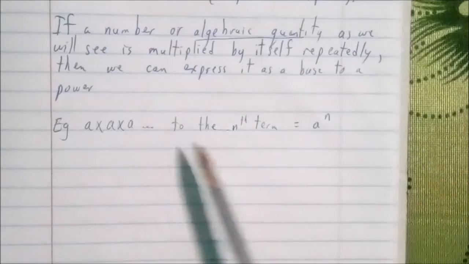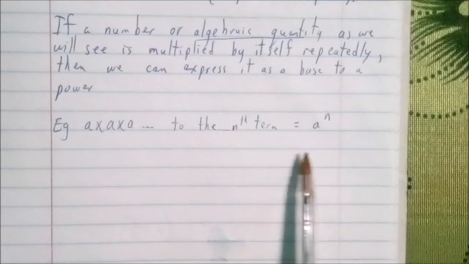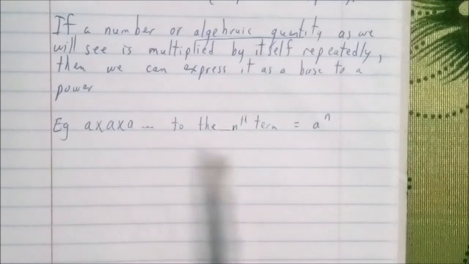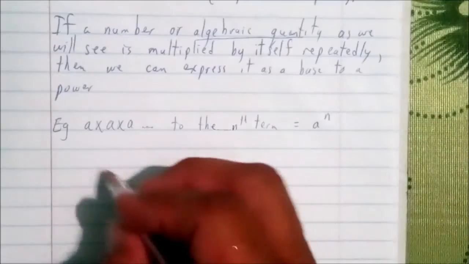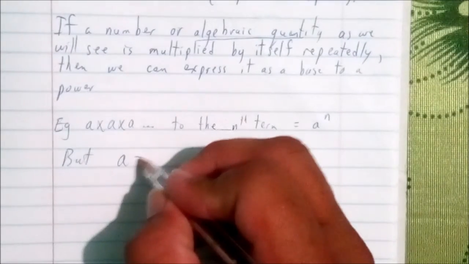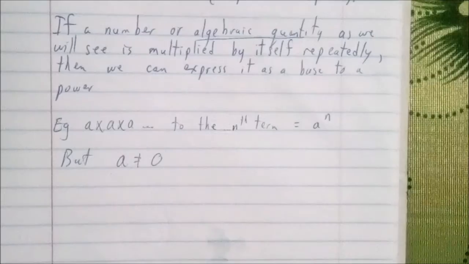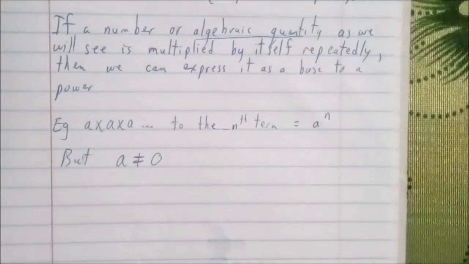This n represents how many a's you actually have there, and the a is the same base because it's the same base that you are multiplying. However, this base a cannot equal 0, right? That base is never 0. It will not work.